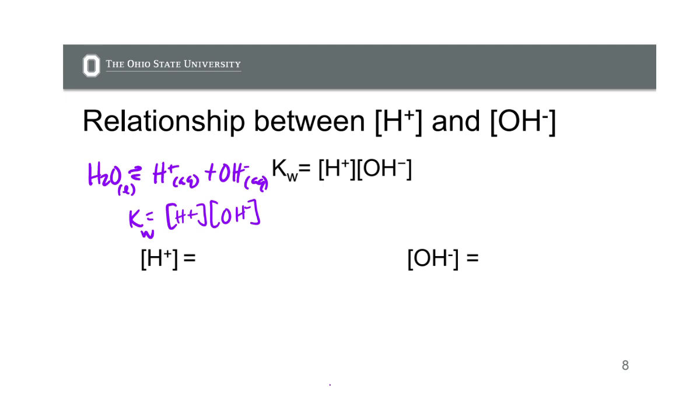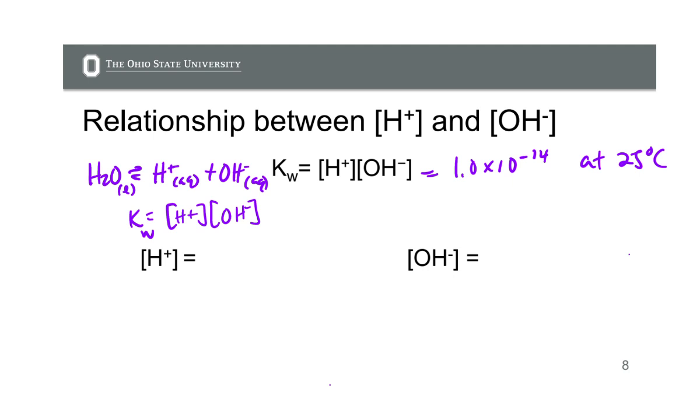Okay. So if we know the H plus concentration, we know Kw, right, at a given temperature. At 25 degrees Celsius, it's 1 times 10 to the minus 14. If we know H plus, we can calculate OH minus with that.